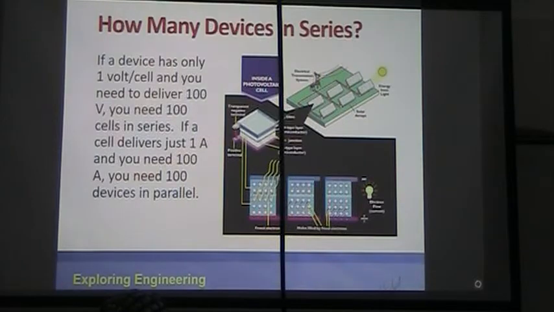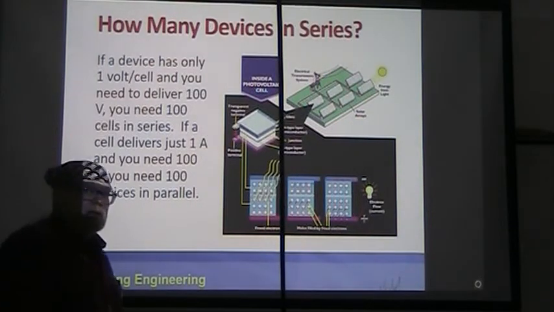So how many devices can we put in series? In electricity, you may be familiar with the fact that you have two ways of hooking up electricity between devices. One way is to do it in parallel, right?